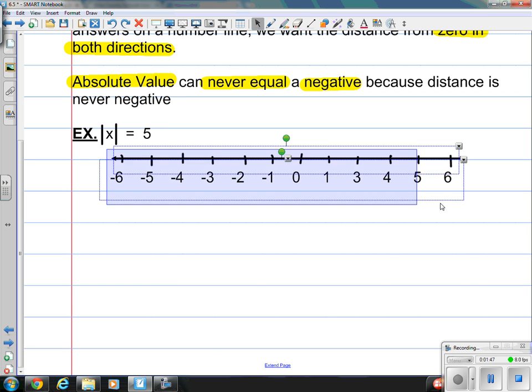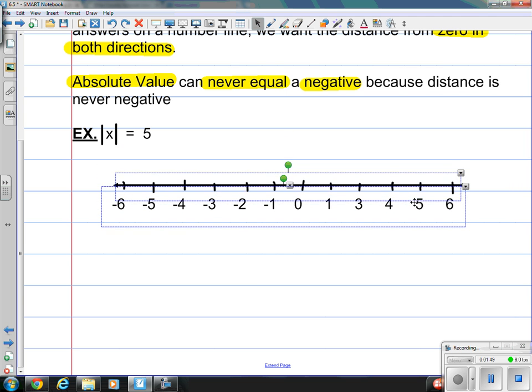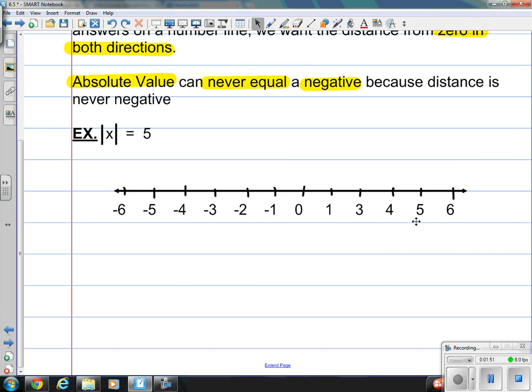Alright, so go ahead and copy down this number line. I just went from -5 to +5 on a number line. Because if you think about it, if I have the absolute value of x equals 5, then I want to know what x could be that is 5 away from 0.